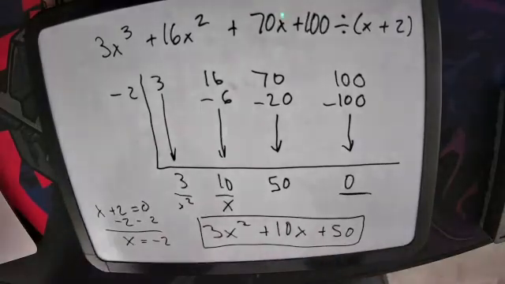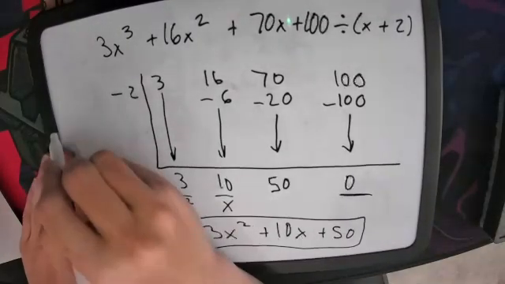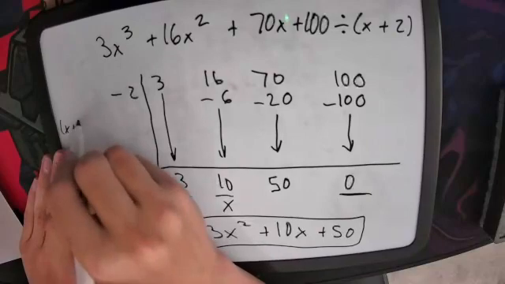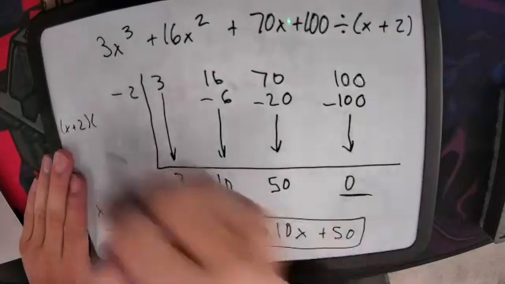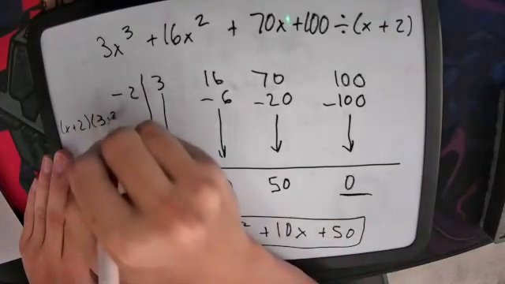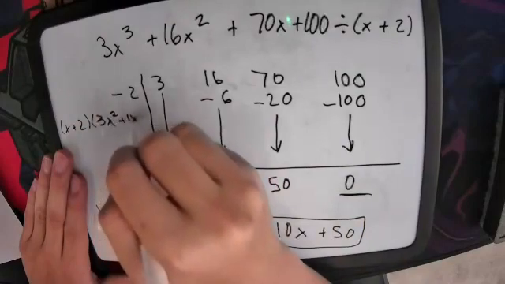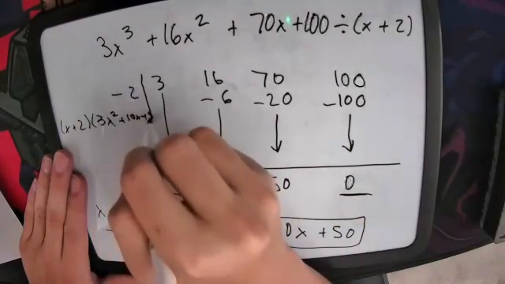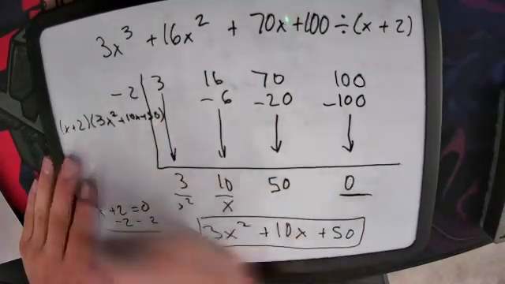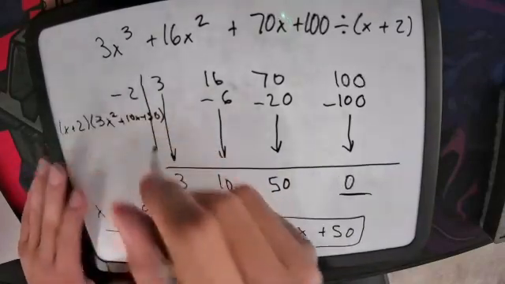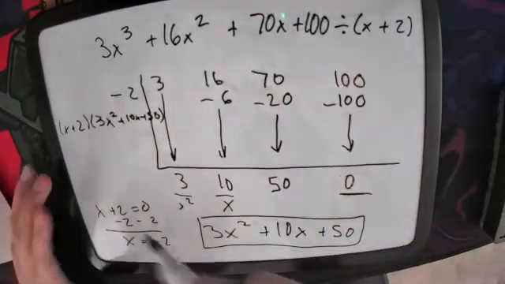If we want to go ahead and verify that, we absolutely could. So we have x plus 2 times 3x squared plus 10x plus 50. Well, I ran out of space. That's okay. So we just go on and do this process like normally.